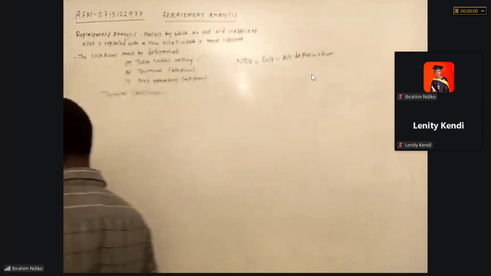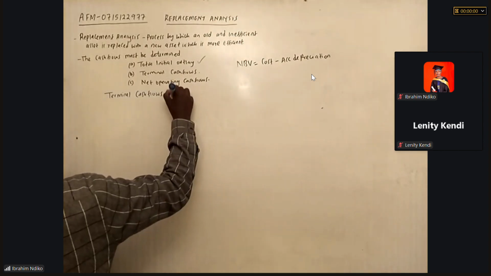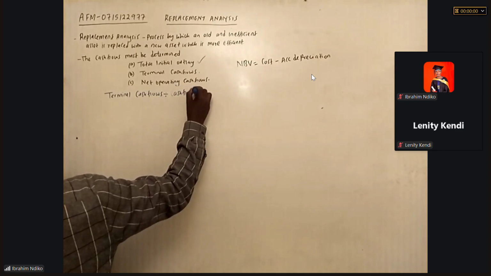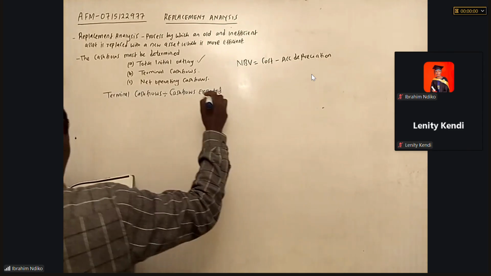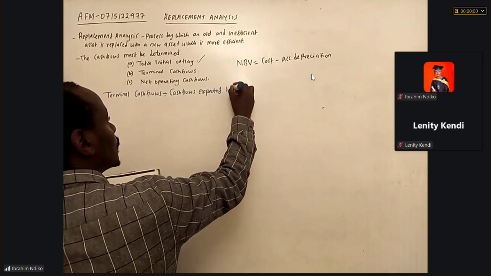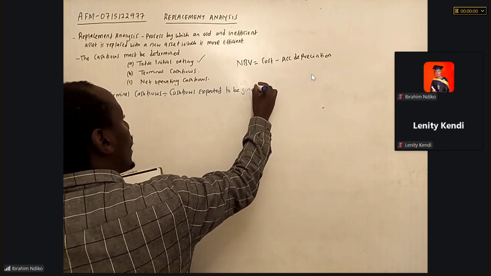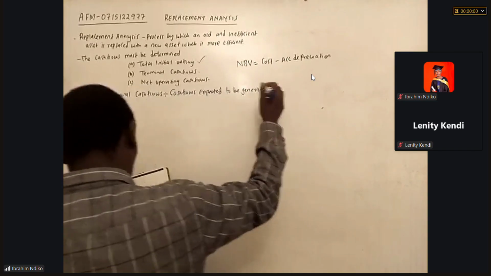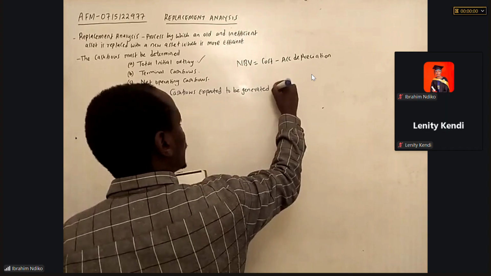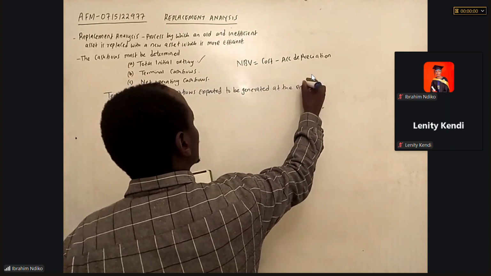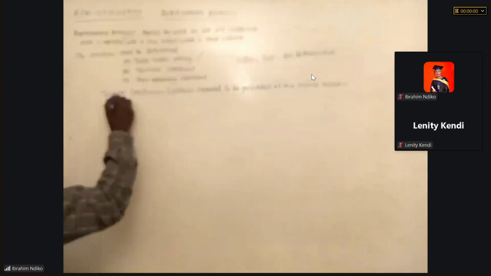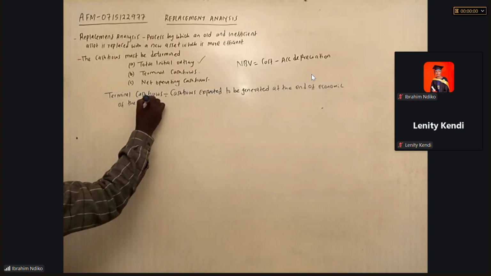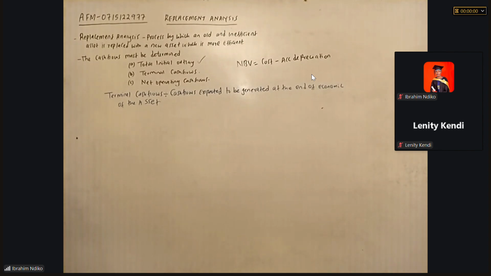So you can say cash flow is expected to be generated at the end of the economic life of the asset or the machine. So the cash flow that we expect.